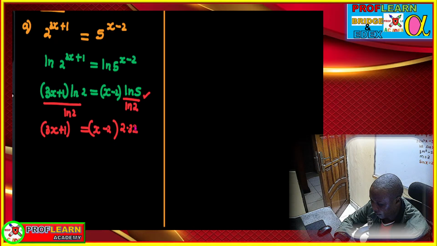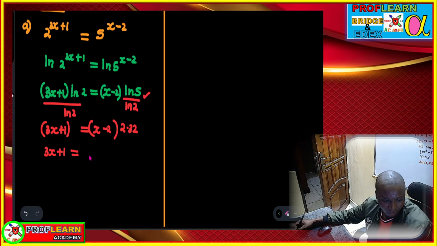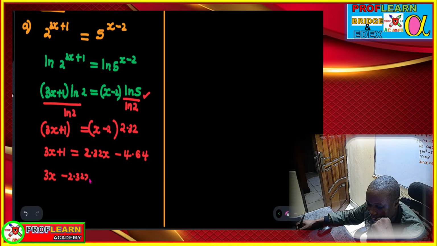So ln 5 divided by ln of 2 is 2.32, and if we open the brackets, we shall have 3x plus 1, which is going to reduce to 2.32x minus 4.64. So we shall put the like terms together in this case. So we shall say this is 3x minus 2.32x is equals to minus 5.64.